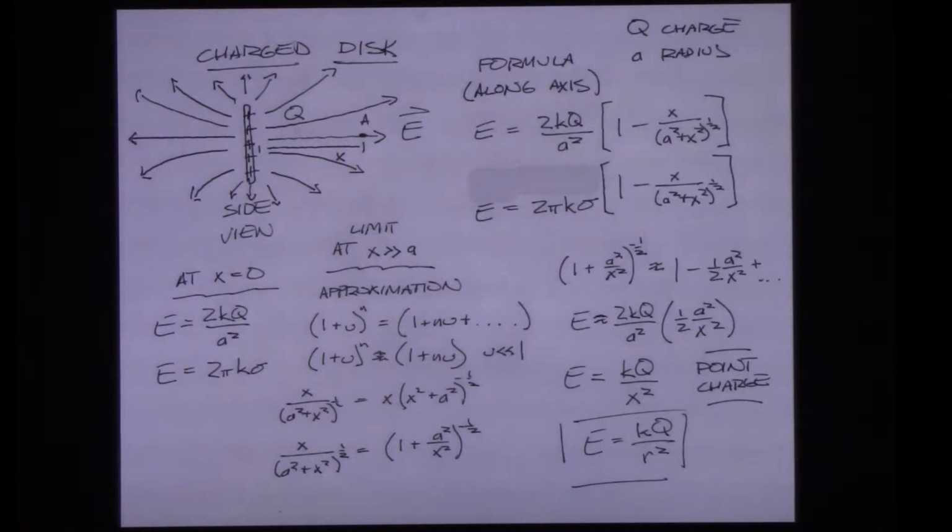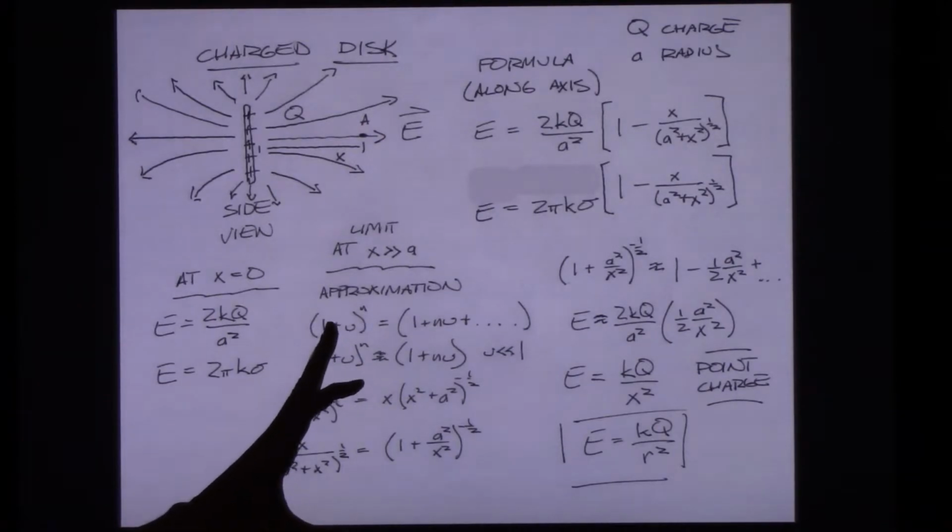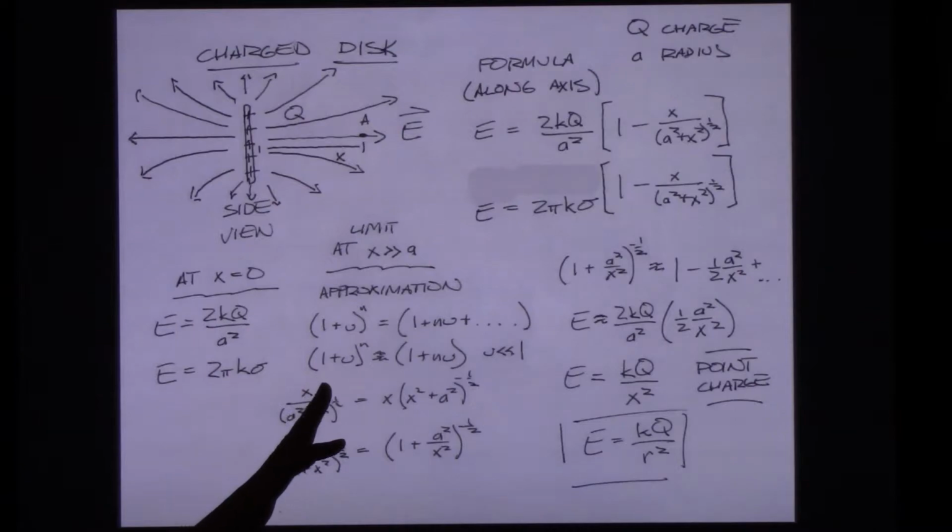So we've established that mathematically a disk of charge, as you get far away from it, the E field converges with the E field of a point charge. The formulas become more and more similar as you get far enough away.